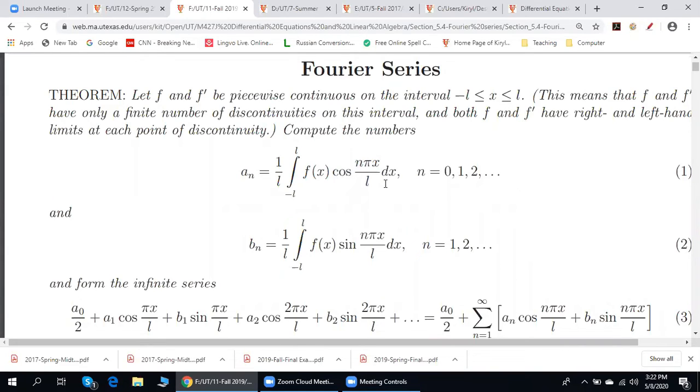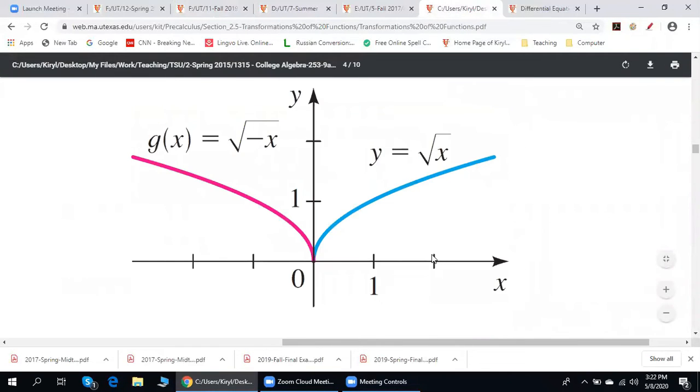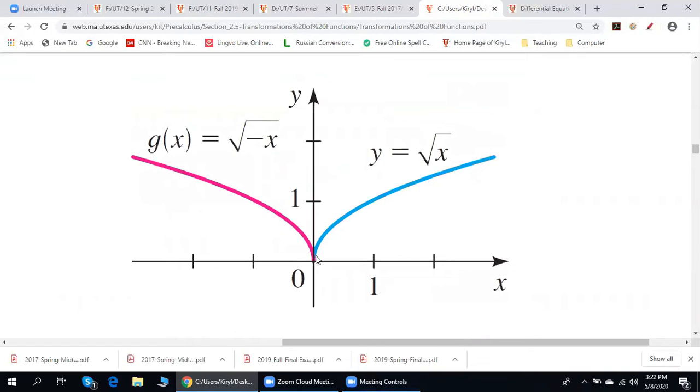And from calculus 1, we know that when we integrate an odd function over a symmetric interval, the whole integral is equal to 0. Just take a look at this picture. If we rotate this curve 180 degrees about the origin, we will get this.